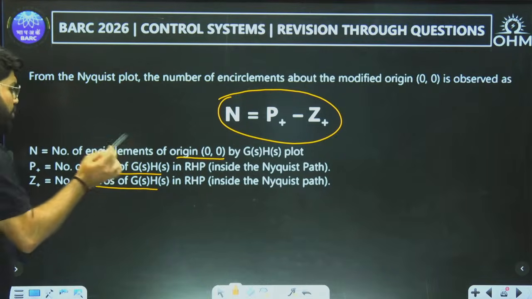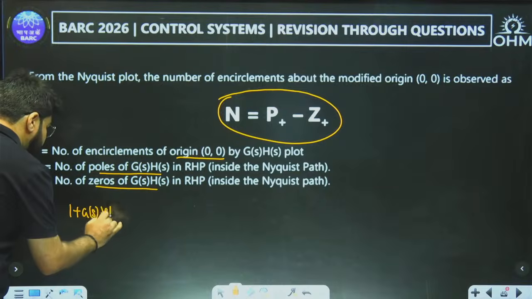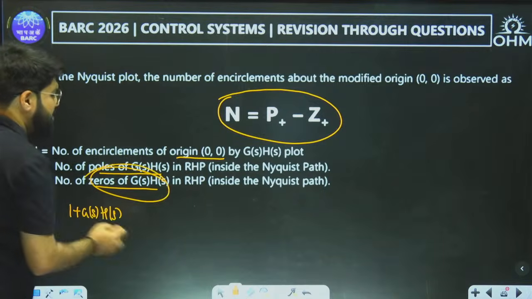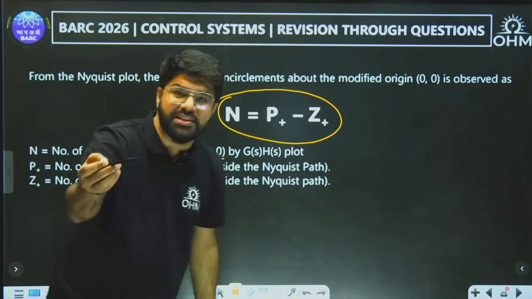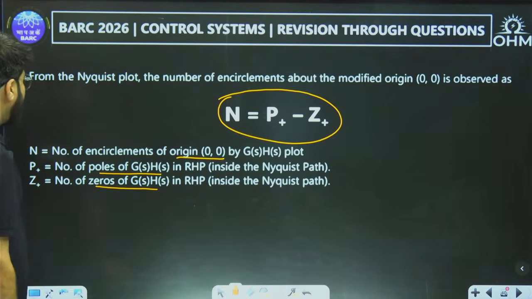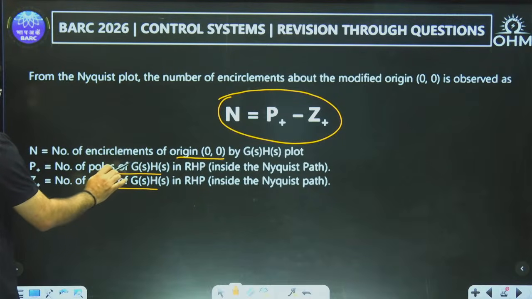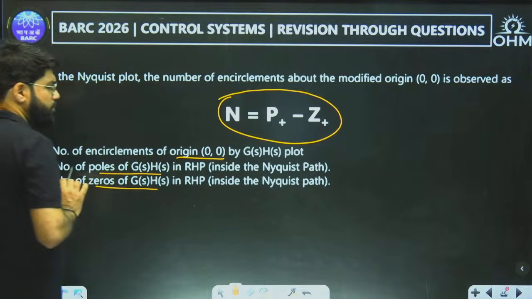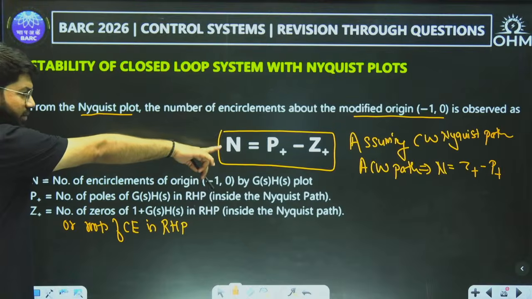But then we think about the Nyquist plot of 1 plus G(s)H(s), because zeros of G(s)H(s) have nothing to do with stability. Stability means the characteristic equation, 1 plus G(s)H(s) equal to 0. So this is the actual data that comes up first. If you consider poles and zeros of G(s)H(s), then N is the number of encirclements of 0, 0. Again, this is for a clockwise Nyquist contour, otherwise the formula will reverse as I told you.